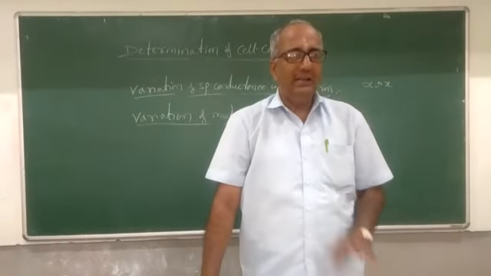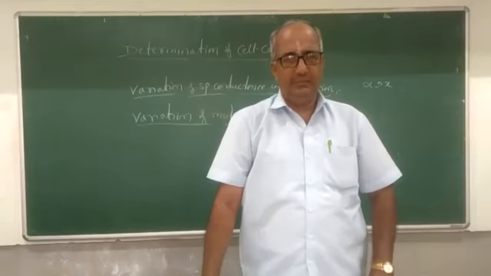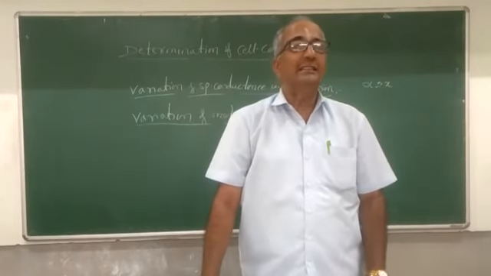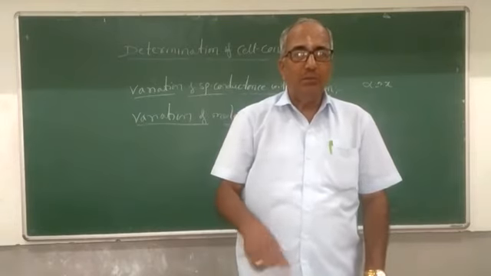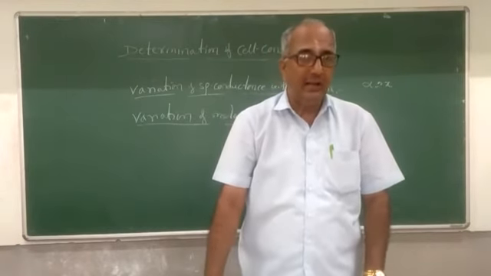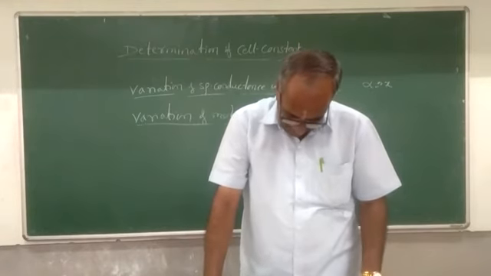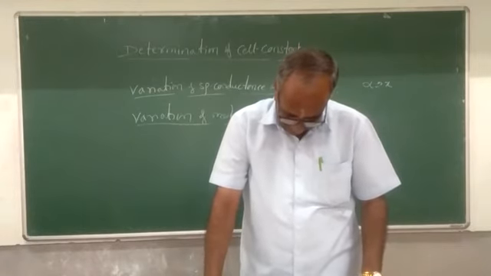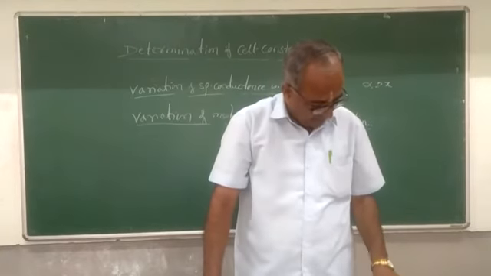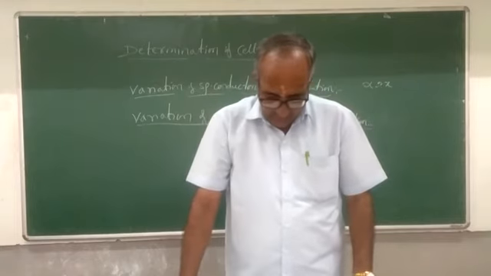So, how is the degree of dissociation related to the dilution? As the dilution increases, the degree of dissociation increases, because more and more of the electrolyte undergoes ionization. Hence the molar conductivity of a solution of weak electrolyte gradually increases during dilution.